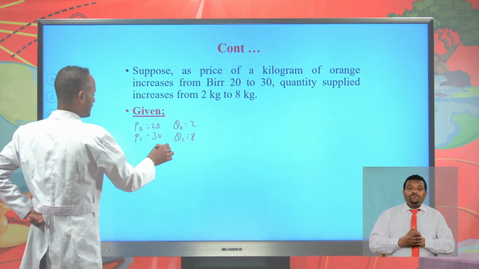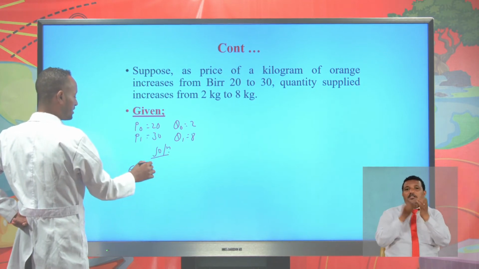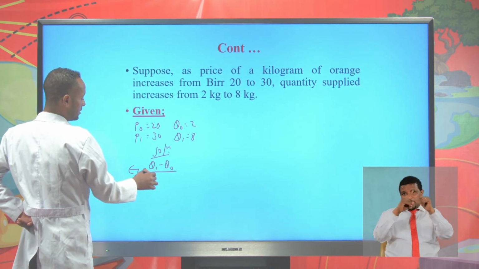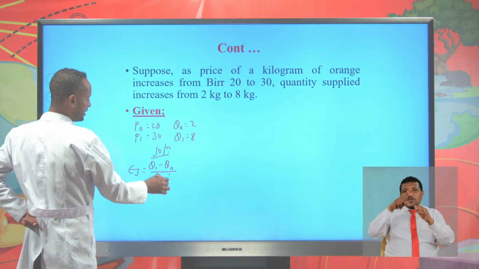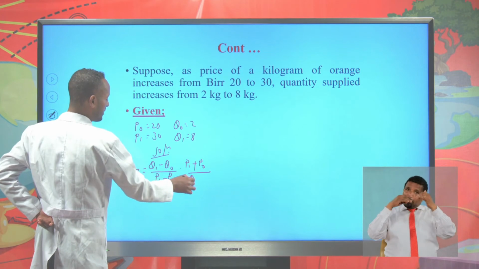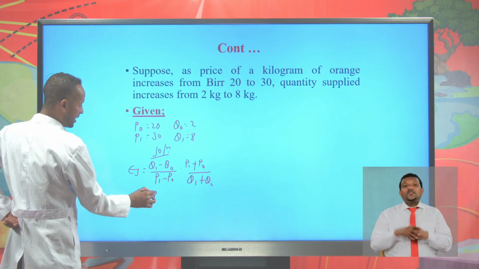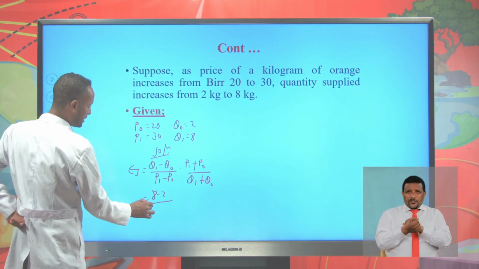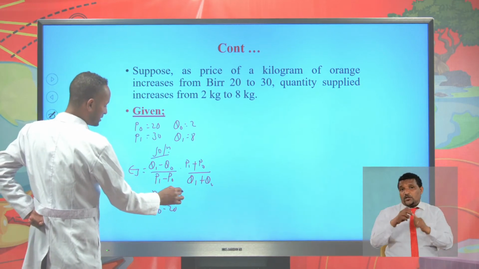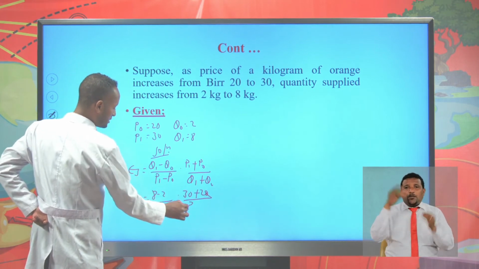Then the price elasticity of supply is calculated by dividing the change in quantity supplied, which is quantity final minus quantity initial, by the change in P, which is P final minus P initial, multiplied by P final plus P initial, divided by quantity final plus quantity initial. The change in Q is 8 minus 2, divided by the change in P, 30 minus 20, multiplied by the price final plus initial, 30 plus 20, divided by 8 plus 2.